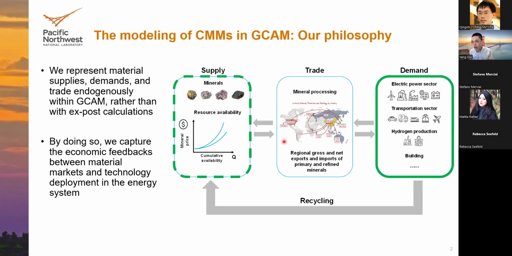And also we want to know how demand increase of those materials could affect the supply side. For example, where those materials are sourced, and how the price of those materials could change if there is a demand increase.